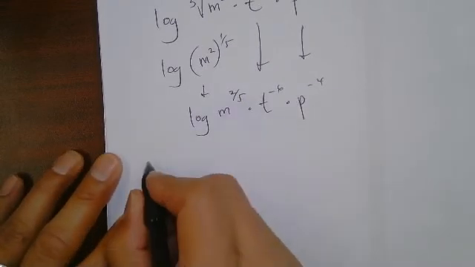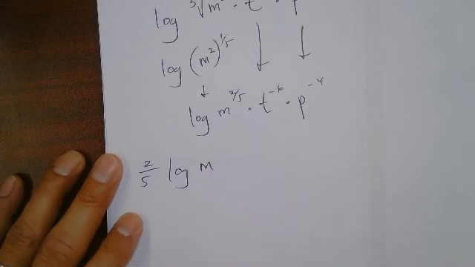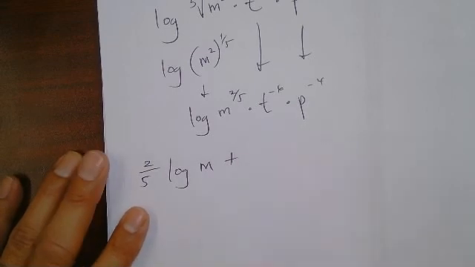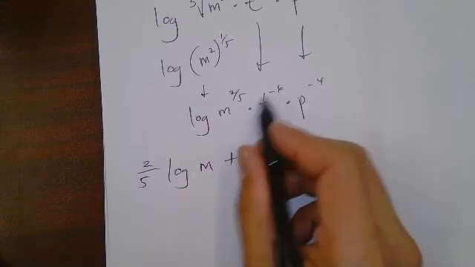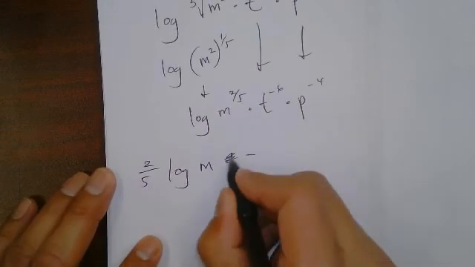Okay, so everybody agree this is going to be a plus and the powers go down. So the final expanded form is 2/5 log m, plus, right? Plus. Oh, no, you're wrong. You see why I don't like to skip steps?